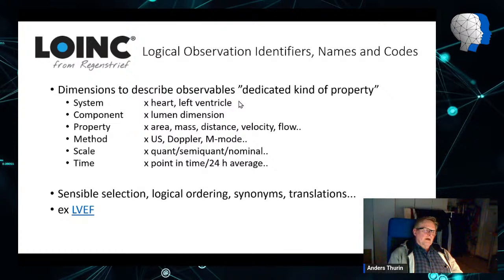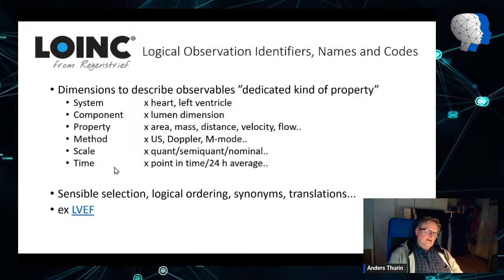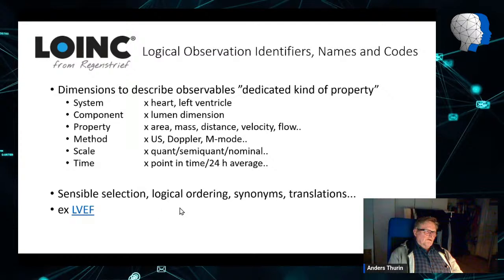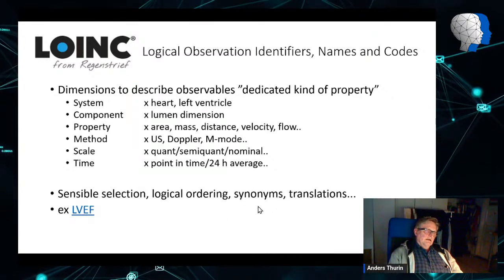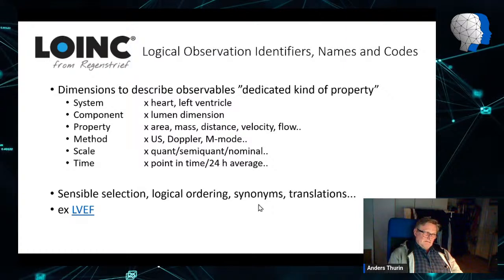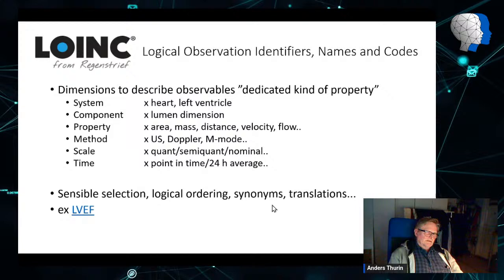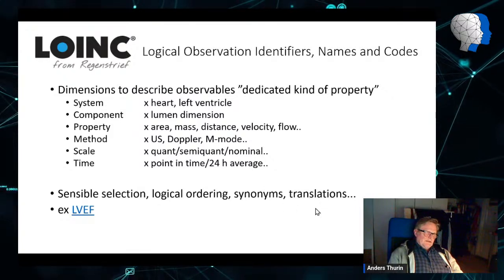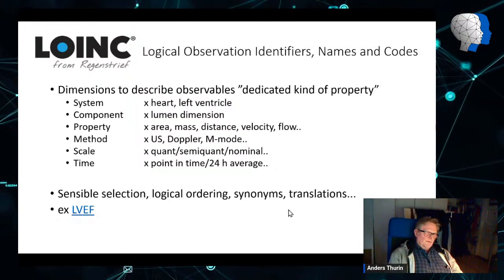Observables are described by these dimensions: the system, component, property, method, scale, and time, with a sensible selection and logical ordering. And it's distributed as a big table with about 70,000 items, I think, with synonyms and translations, and it's used in many countries for lab reporting.